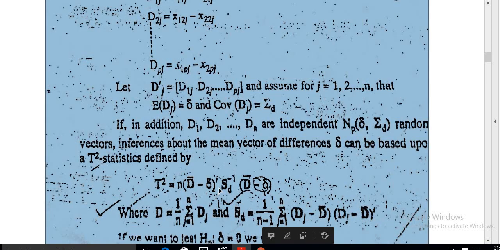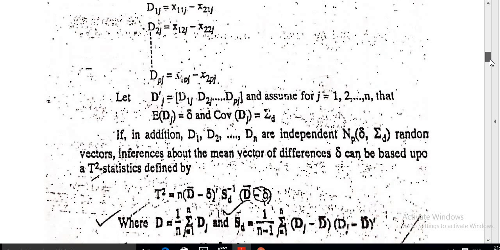In the multivariate case, there will be different differences according to the different variables. Here we have the T-square statistic. Hotelling T-square is equal to N times (D bar minus delta) complement, SD inverse, (D bar minus delta).